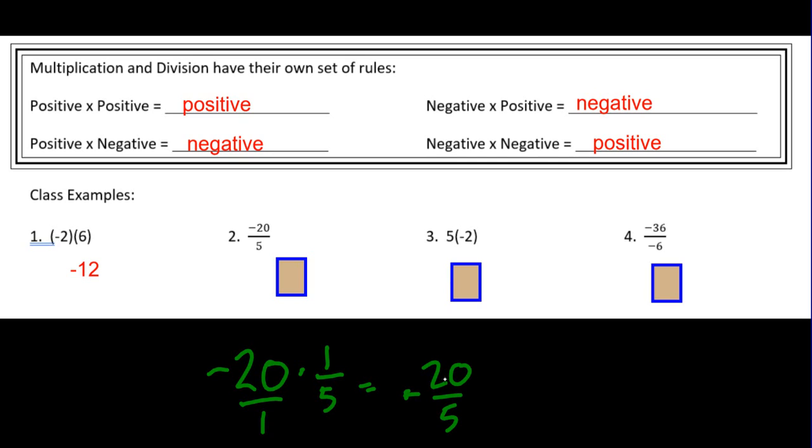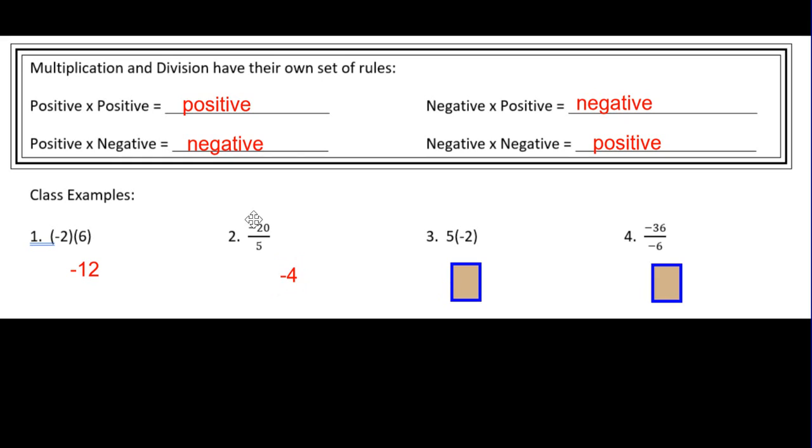So here, negative 20 divided by 5 gets us negative 4 because we only have one negative, and 20 divided by 5 is 4.